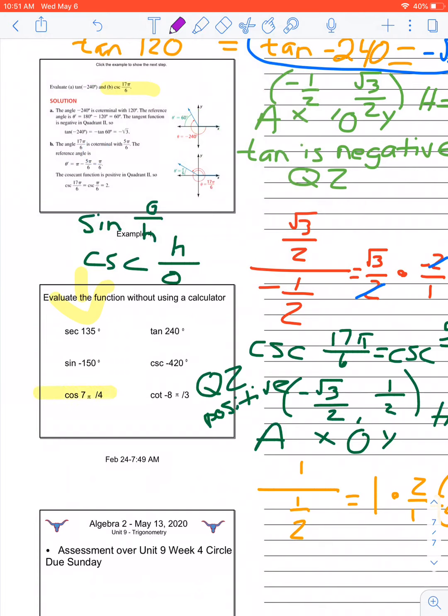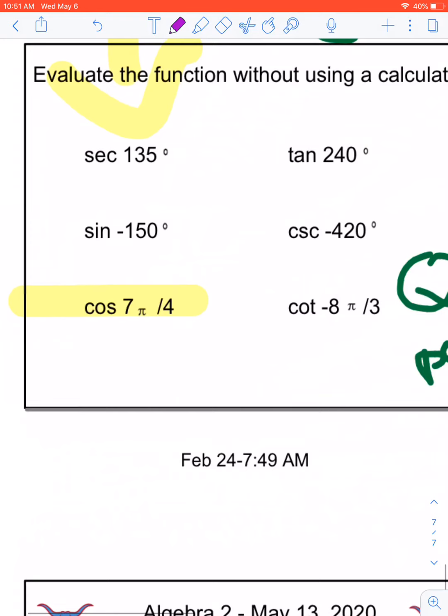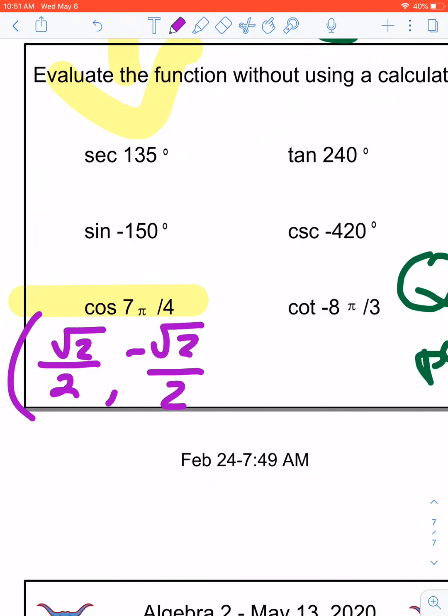So I'm going to find 7 pi over 4 in my unit circle, and the coordinates for 7 pi over 4 is √2 over 2, comma, -√2 over 2. Here's my x, here's my y, here's my adjacent, here's my opposite, and my h is 1.